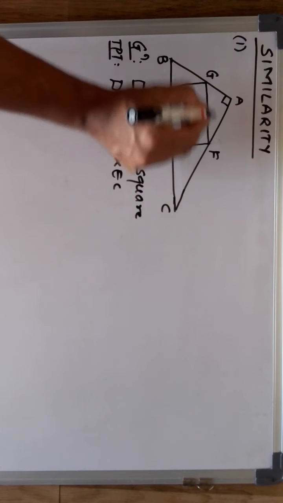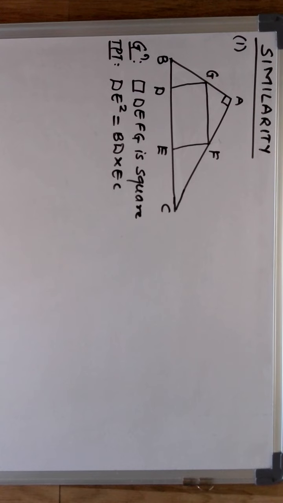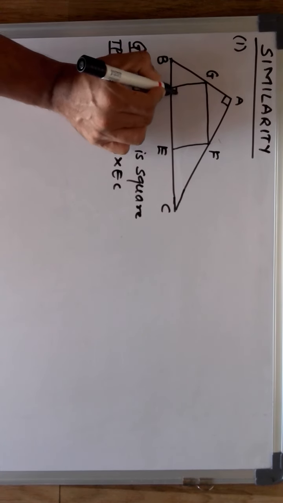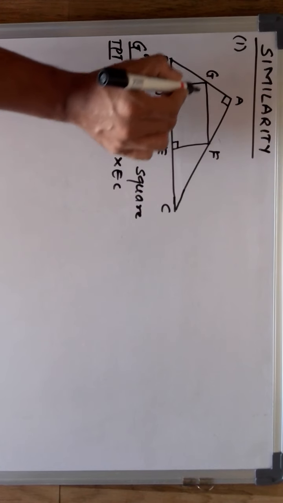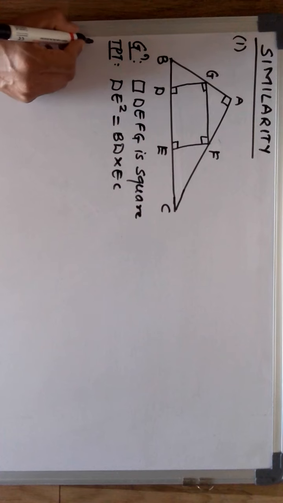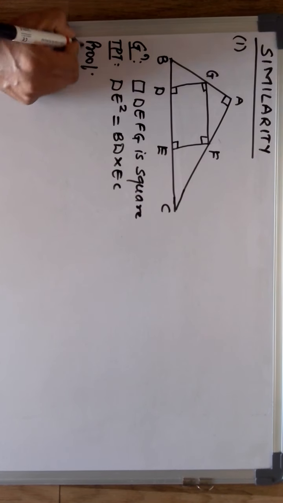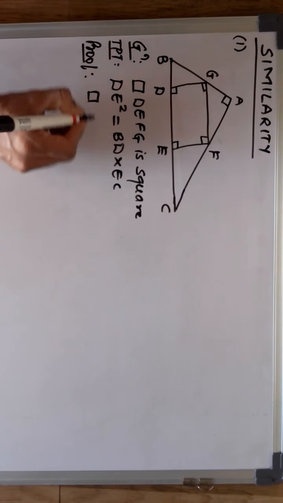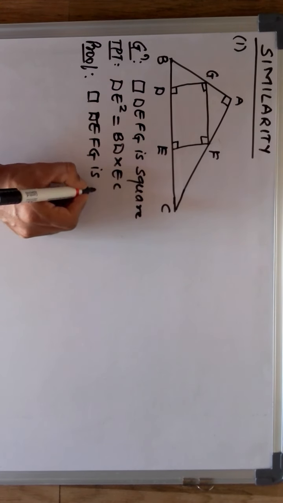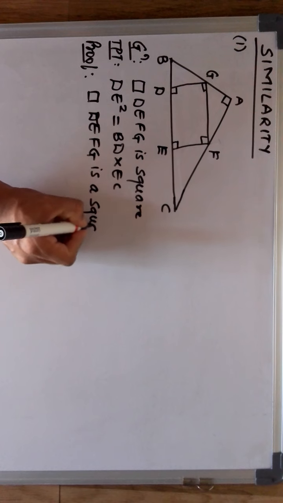Now this quadrilateral is a square. If it is a square, the very first thing is all the angles are right angles and all sides are equal. That means my first line will be that quadrilateral DEFG is a square.